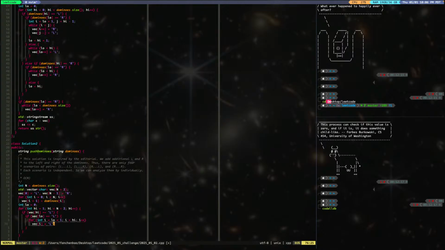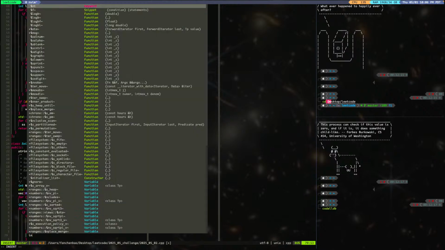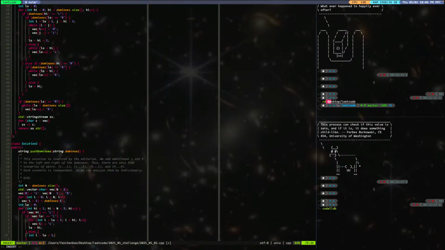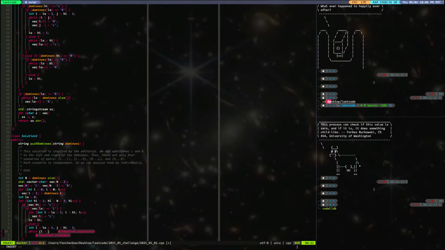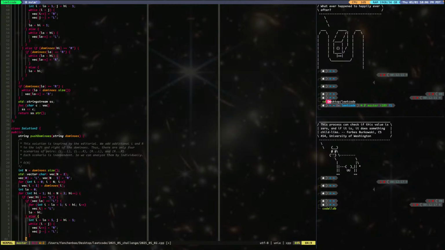And once we're done, low equals high, right? Else, the low is a right. So right, left, now we can say int i equal to low plus 1, j equal to high minus 1, while i smaller than j, vec i plus plus, vec j minus minus equal to left, right?